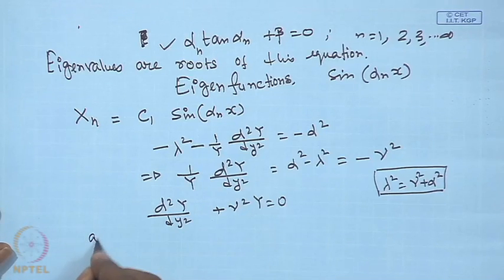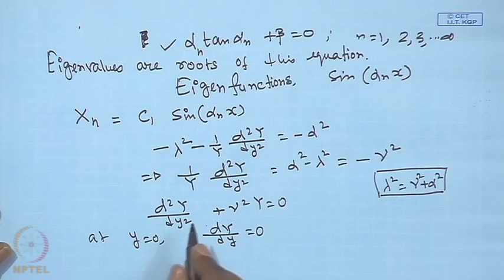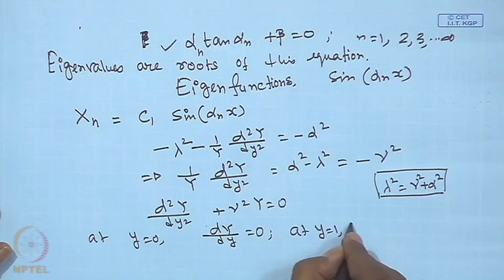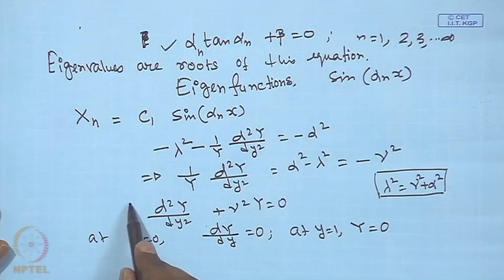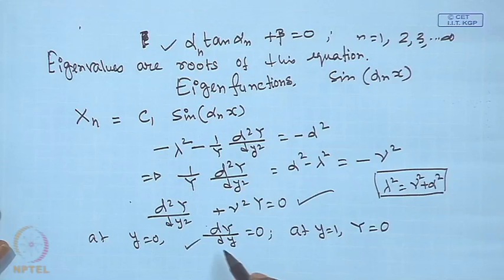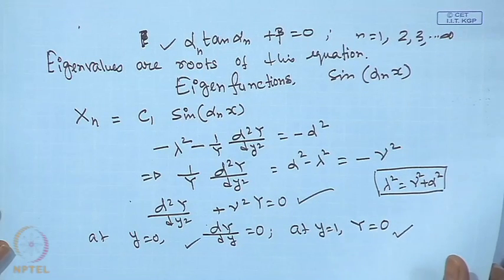So, therefore, at y is equal to 0, dY/dy must be equal to 0, and at y is equal to 1, capital Y must be equal to 0. So, this problem is again a standard eigenvalue problem with homogeneous boundary conditions, a Neumann condition at the center at y equal to 0 and at y is equal to 1, a Dirichlet boundary condition, and we have already solved this problem earlier.